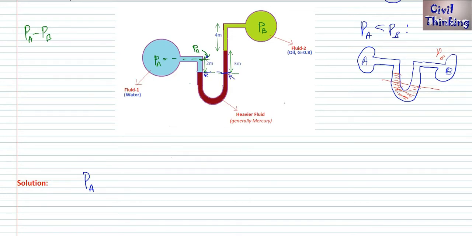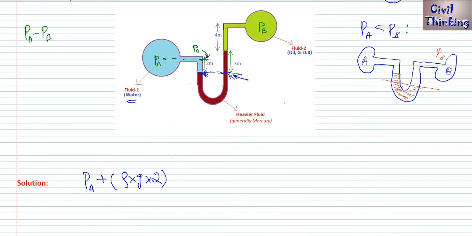So we will only go up to this point, but we are going down means positive, plus this is water, right? So rho density of water g multiplied by h. What is h here? 2 meters. Okay, we are here. Now since the pressure here is the same as the pressure here, we can just shift to this pipe, because this is the same fluid here. Now basically we are here, right?